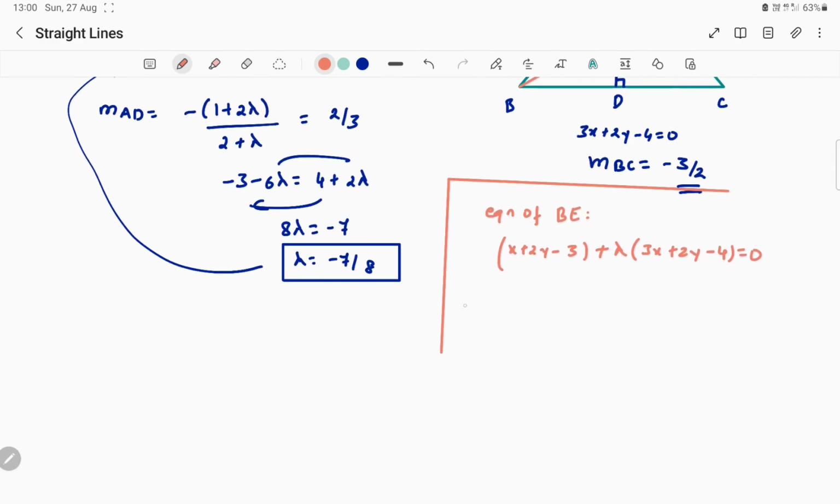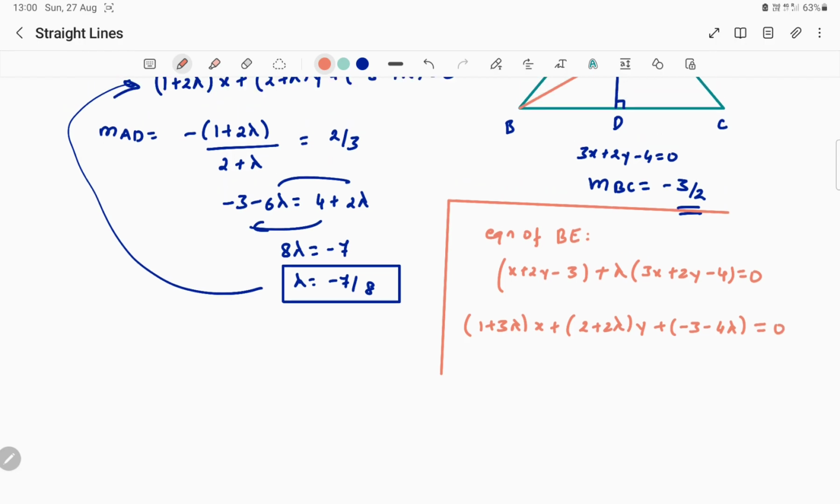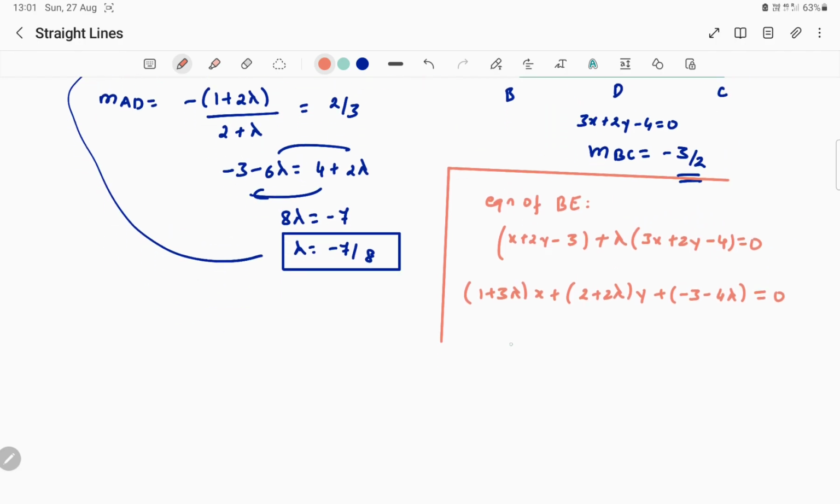So quickly when you simplify, the x coefficient is 1 plus 3 lambda times x, y will be 2 plus 2 lambda times y, and minus 3 minus 4 lambda is equal to 0. Is it okay? So what is the slope of BE? The slope of BE is minus coefficient of x by coefficient of y.